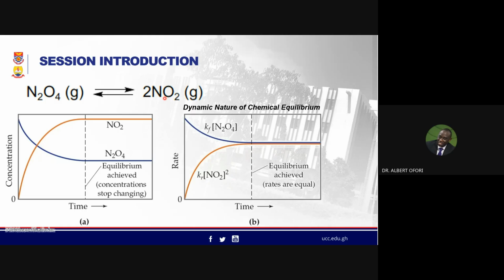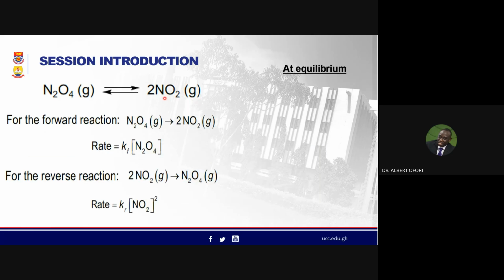Equilibrium will be established when the rates of reaction are the same. If I pick the forward reaction, this will be the rate of reaction. If I pick the reverse reaction, this is going to be the rate of reaction. At equilibrium, the rate for the forward reaction will be the same as the rate for the backward reaction.